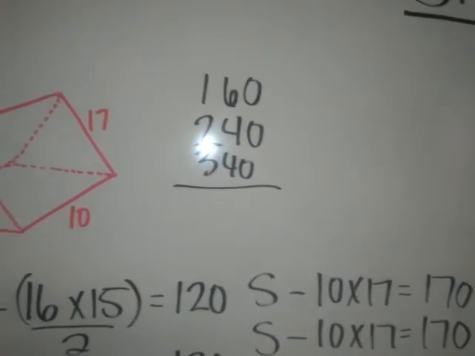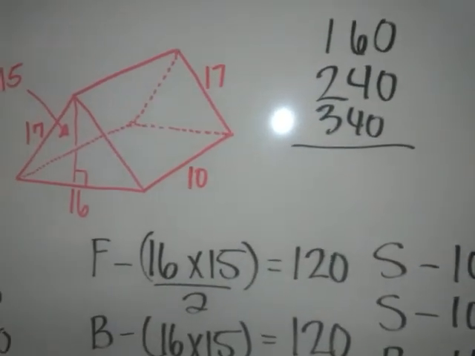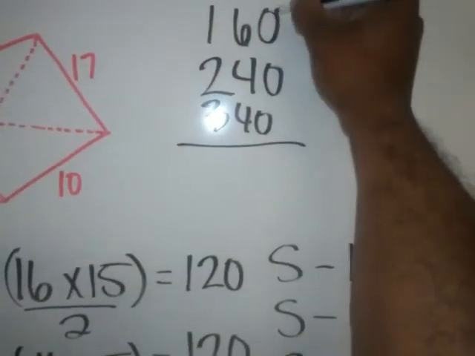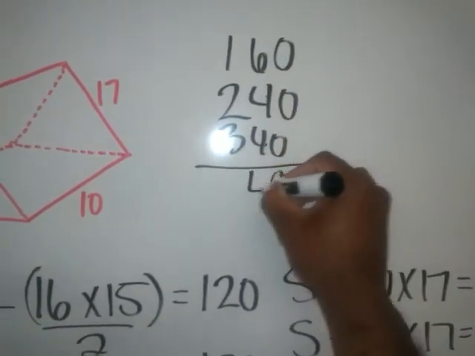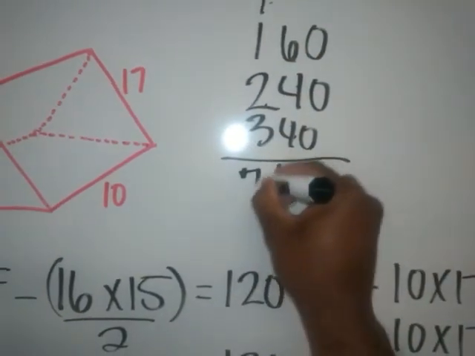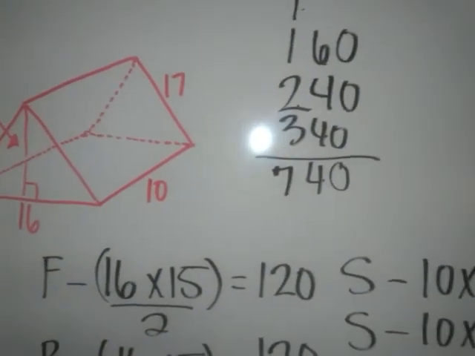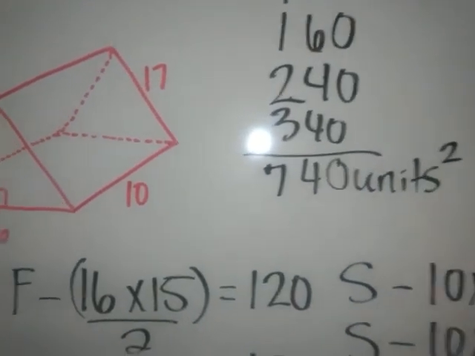I'm going to go ahead and add this and get our final net surface area for this triangular prism. 0 in the ones place. We have 10 here, plus 4 is 14. 4 carry the 1. We have 5 here, 6 and 7. We have 740 units squared.